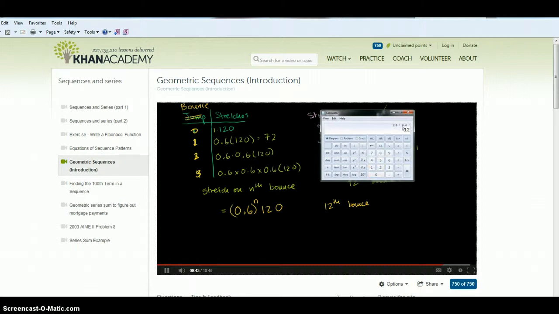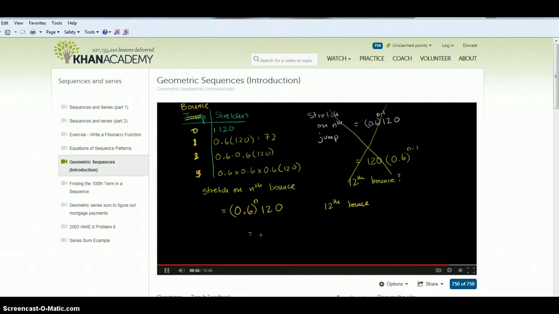And hopefully it will get the order of operations right, because exponents take precedence over multiplication, so it'll take 0.6 to the 12th power only. And so this is equal to 0.26 feet. So after your 12th bounce, she's going to be barely moving. She's going to be moving about 3 inches on that 12th bounce.